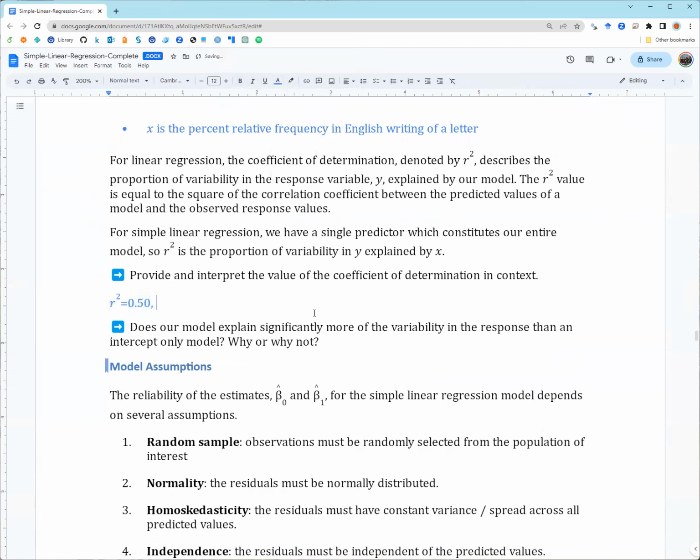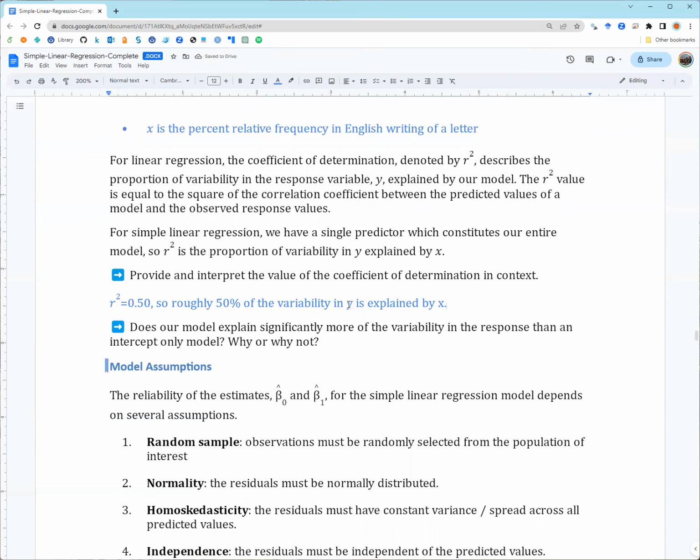And we interpret this by saying roughly 50% of the variability in y is explained by x. Very generally, that's how we interpret it.